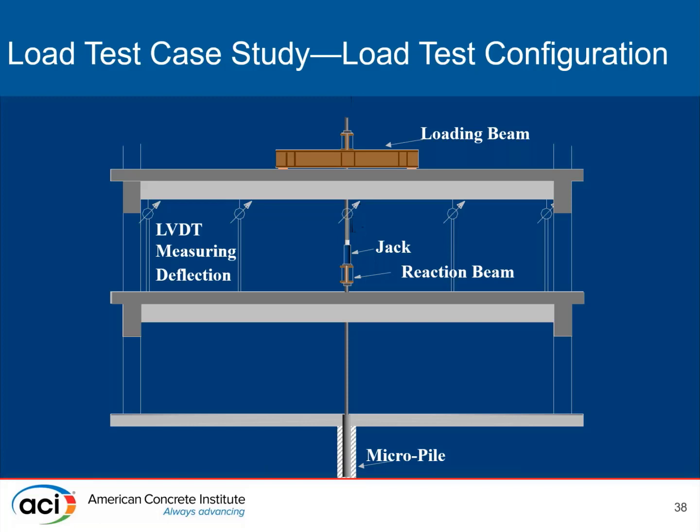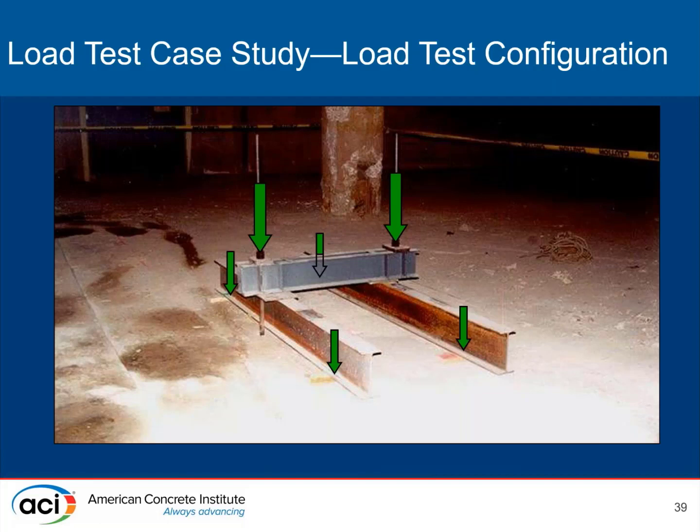And you can see the deflection measurements with LVDTs along the cross section. This is a picture of what it looks like, where you can see the pins in the jack with the W shapes, and you can see that there are point loads being generated with additional reaction points along those two W shapes.